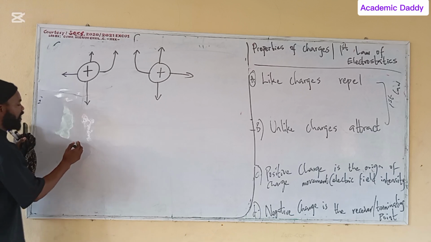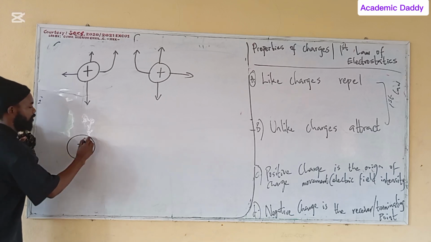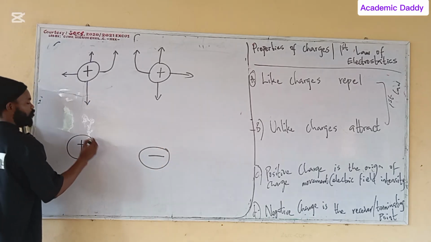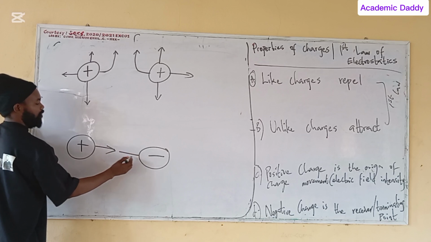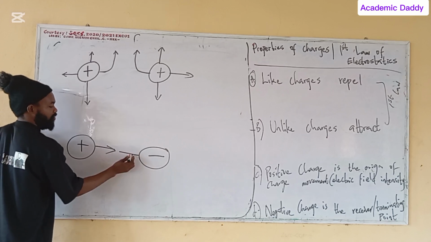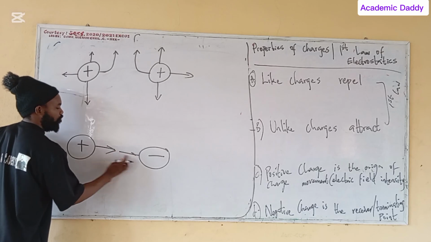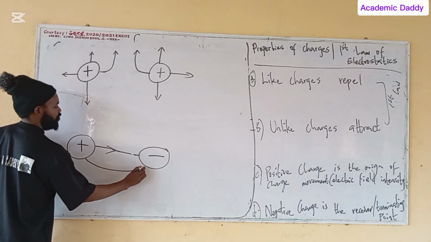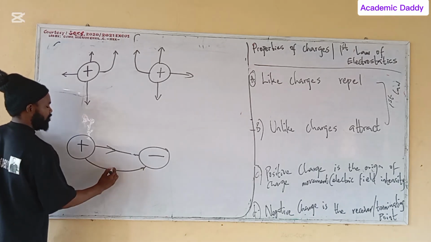But if, for example, I have positive and negative charge, you see that as this one is moving out, this particular one does not move out, rather it accepts things. So you see that this will go on to move into this. Since this one moves out, it's moving into this.